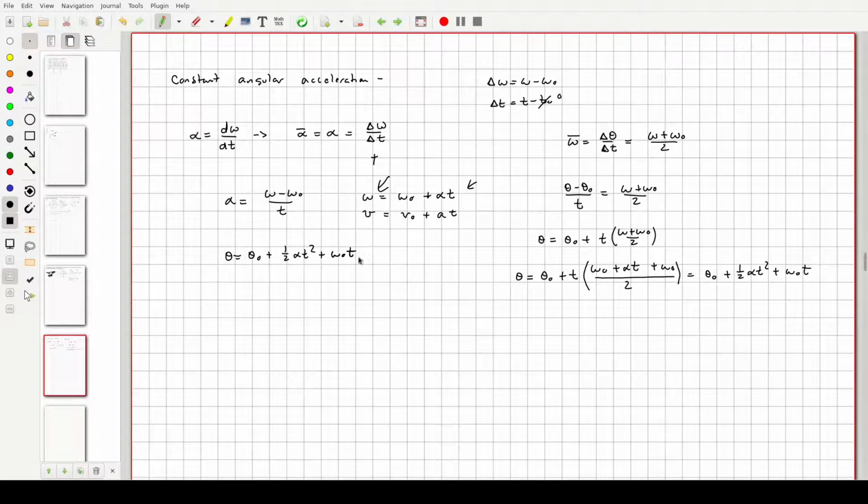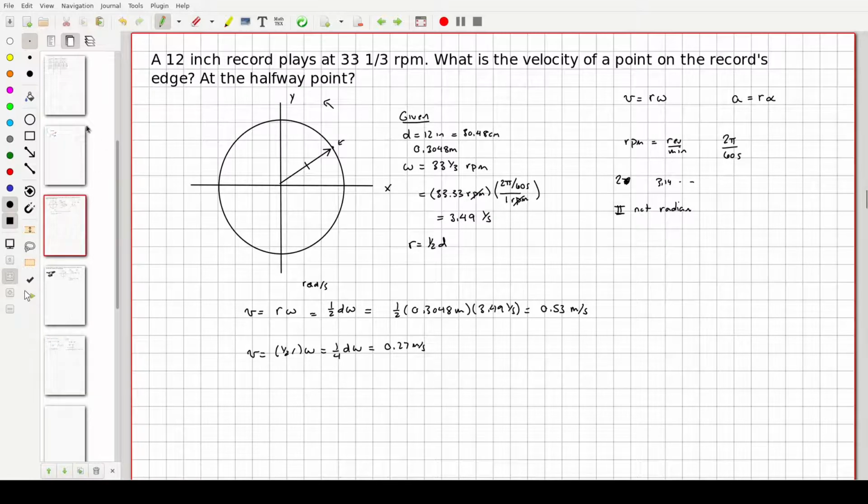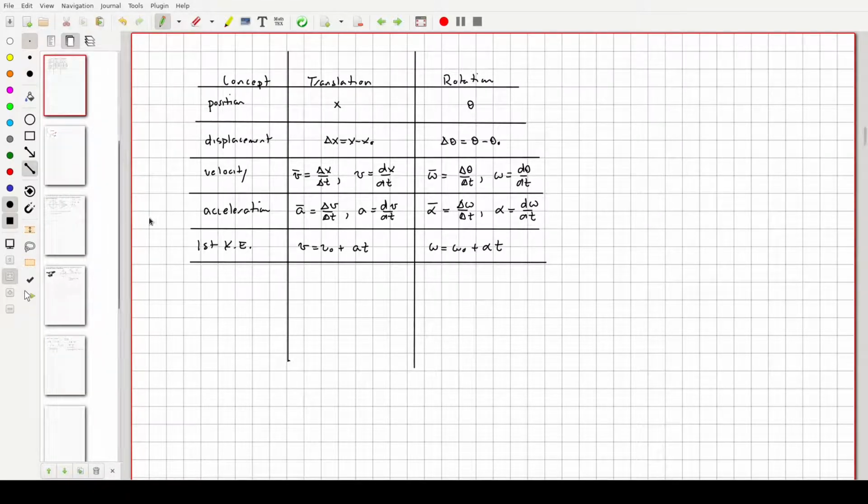naught times t? Well, I sure am telling you that x is equal to x naught plus 1 half a t squared plus v naught t. Oh, it's the same equation. All you did was change the variables, like I said earlier. So, let's put another line here, and we're going to put the second kinematic equation.